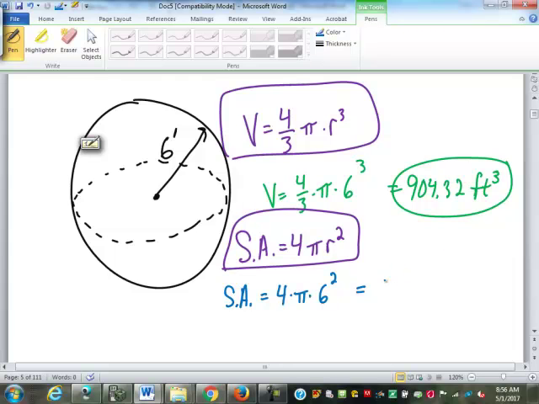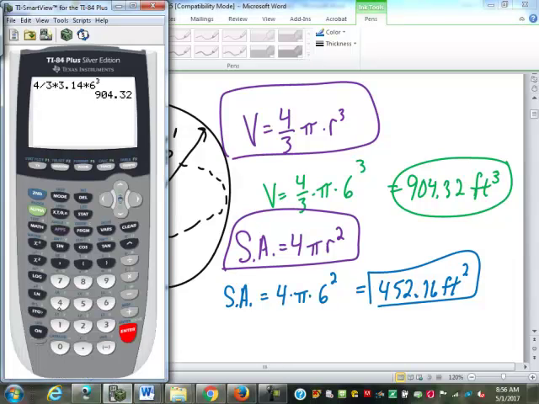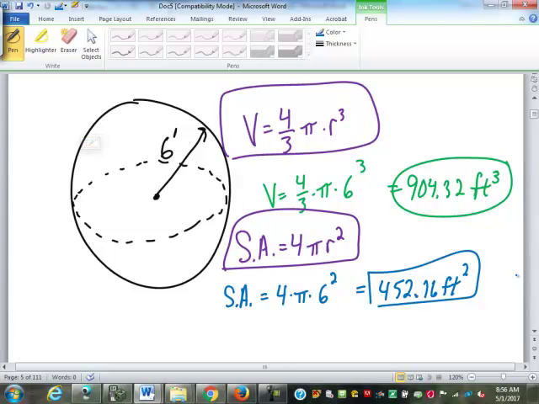If I type that in, I'm going to get 452.16, I believe, square feet. It's Monday, so we're going to try it. And it is 452.16.